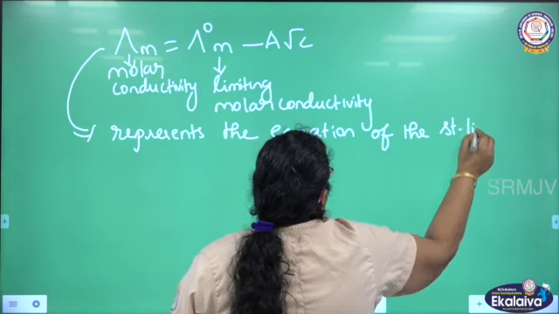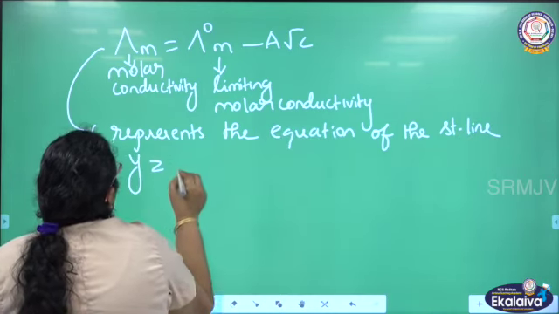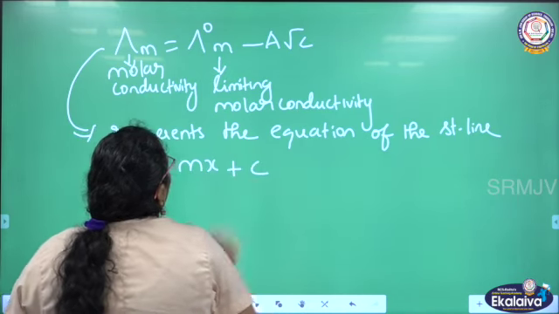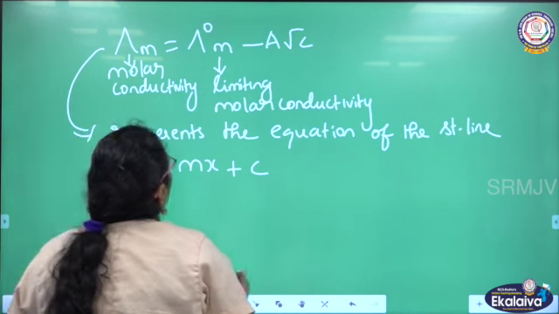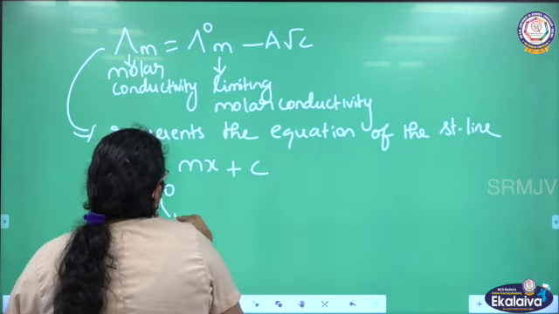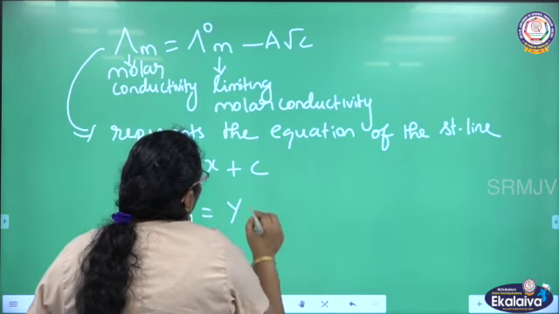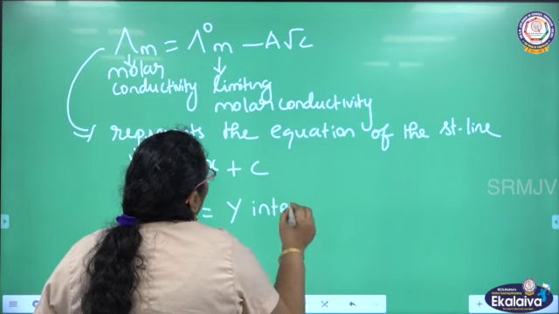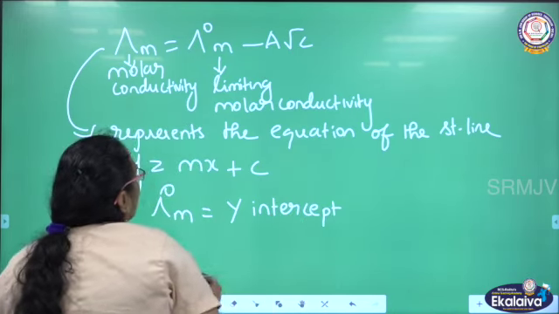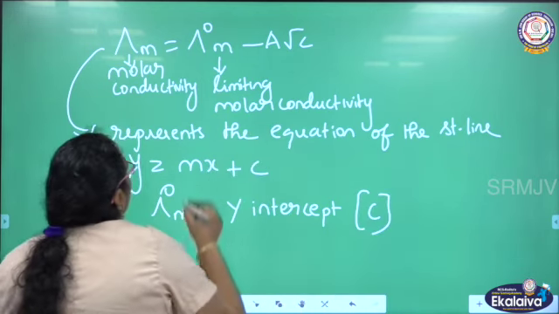Here, lambda naught m is the y intercept, which is represented as c.